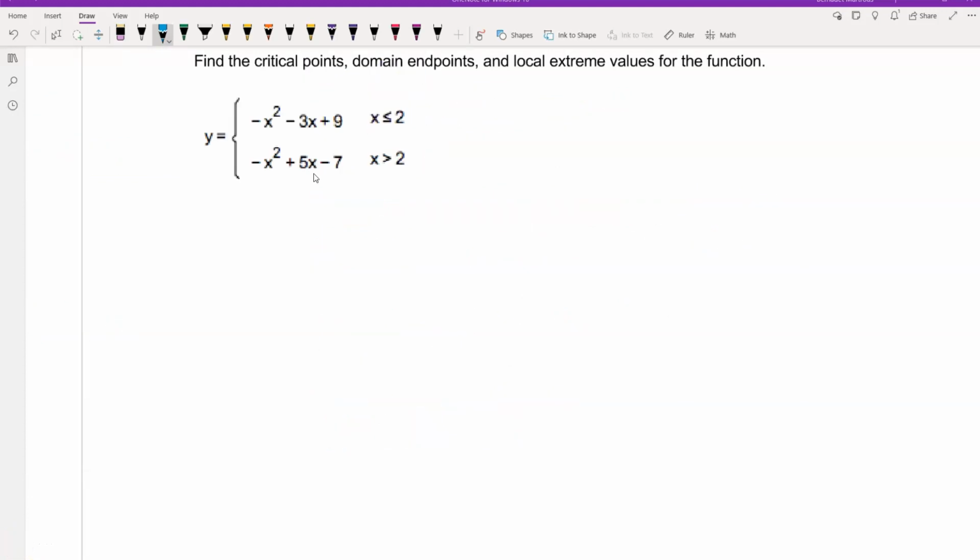Find critical points, domain endpoints, and local extreme values for the function. So here we have to find the domain first. For the first piece of the function, the domain is negative infinity, comma 2.